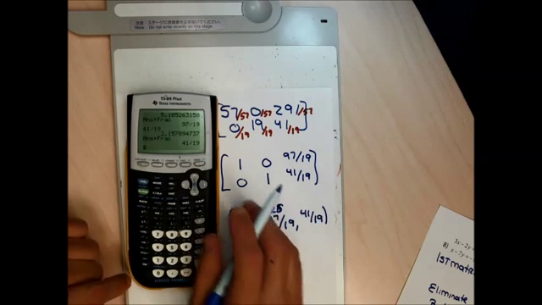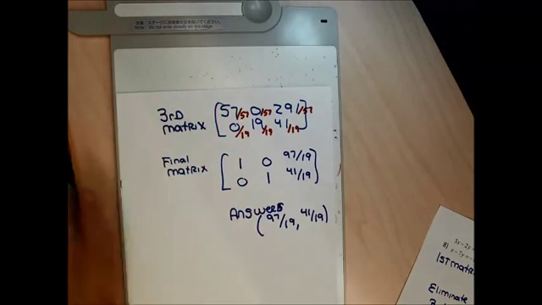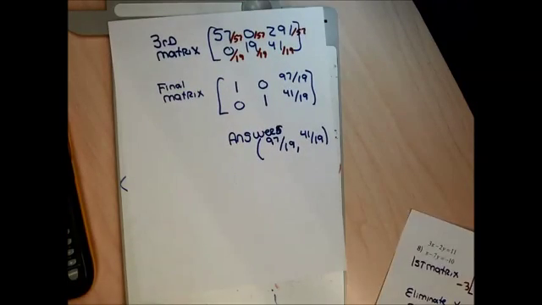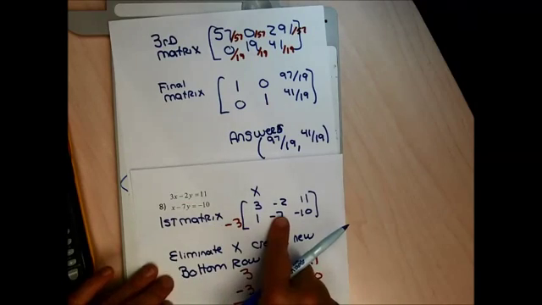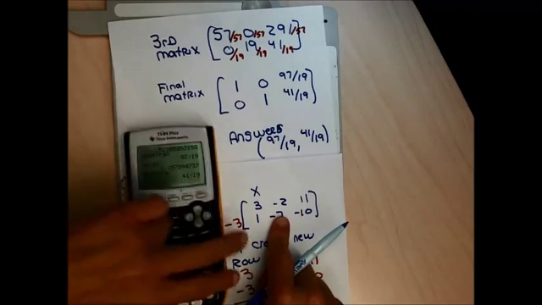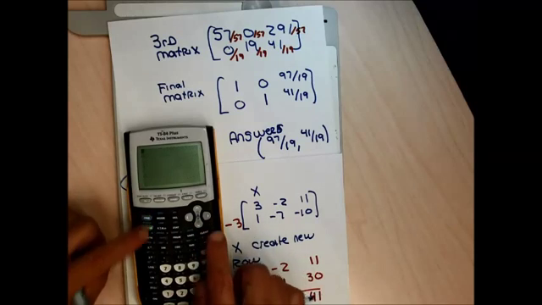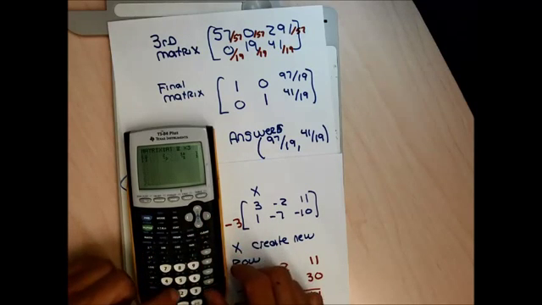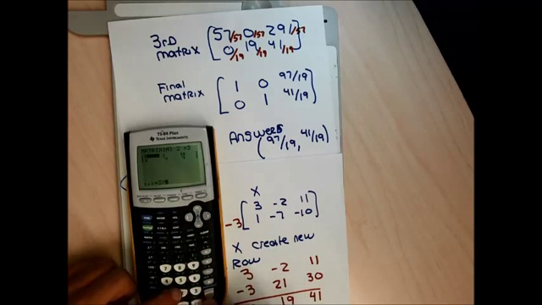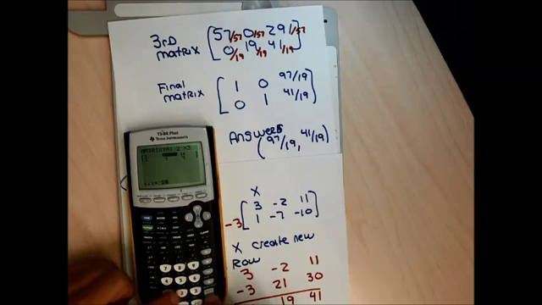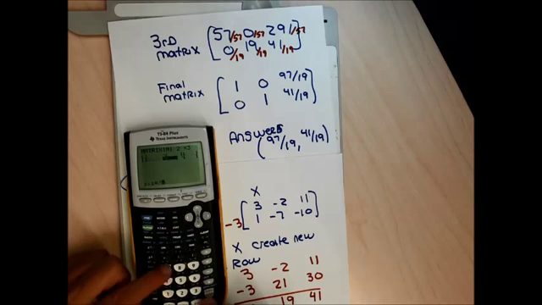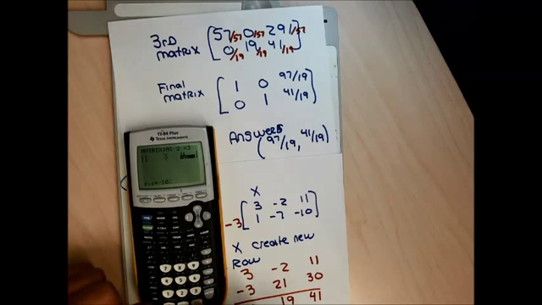I'm going to check, because it's so easy to check. To check that this answer is right, I'm going to take my initial matrix before I did any work and RREF it. Second matrix, enter this 2 by 3 matrix of 3, negative 2, 11, 1, negative 7, negative 10.